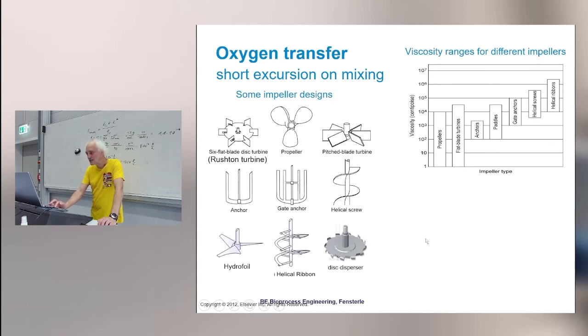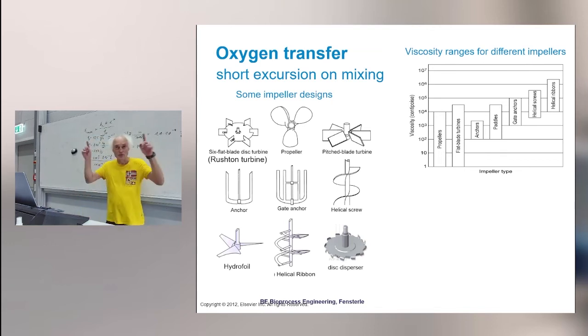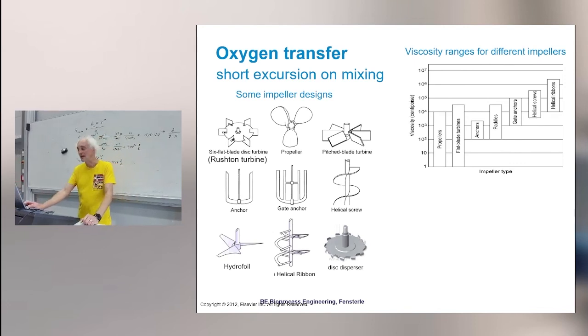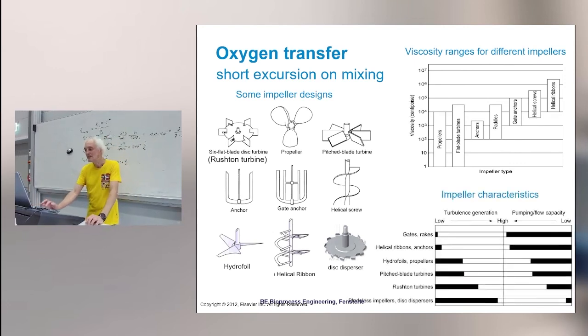You see that, for example, these dispersers rotate at very high speeds and can therefore generate very high turbulence, but they don't really transport the liquid. That's one problem. And the second problem is that with higher viscosities, it doesn't work at all, because they will just run, create their air pocket, and won't even hit the liquid anymore. So the impeller choice depends on what you want to do.